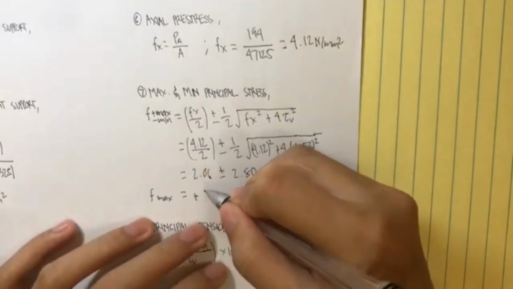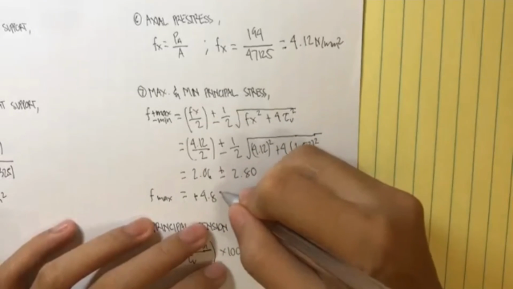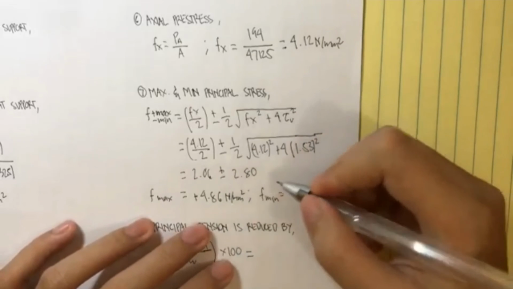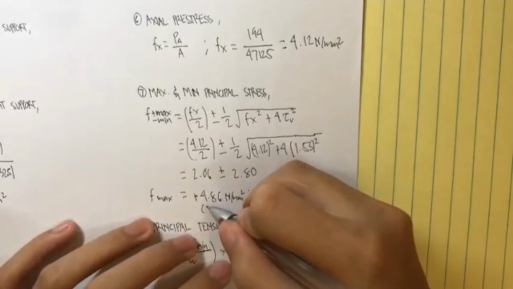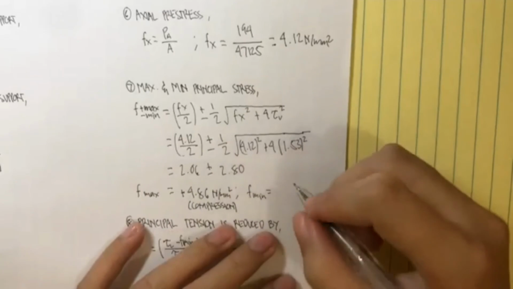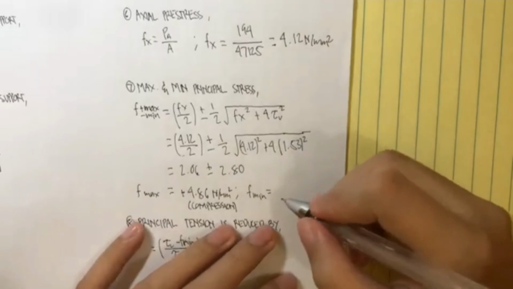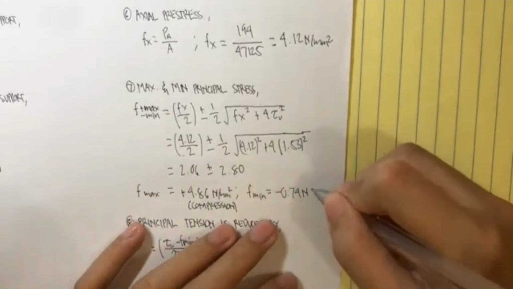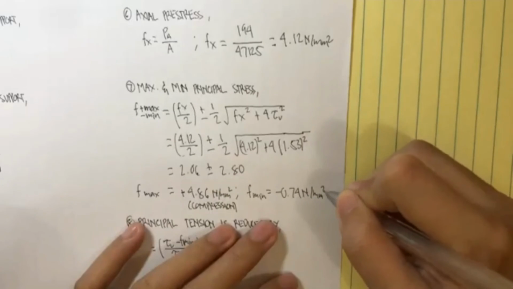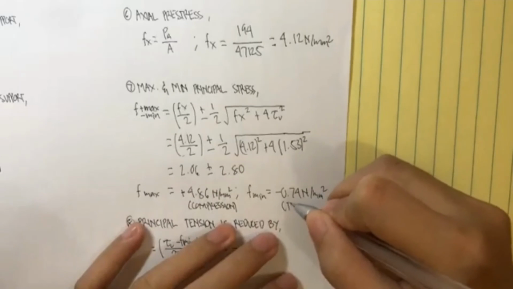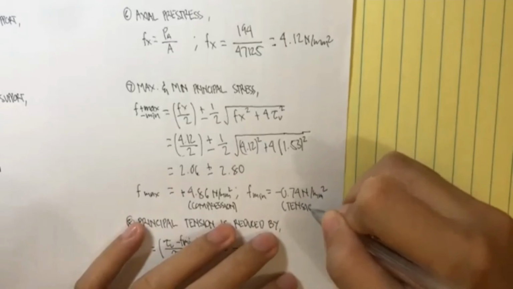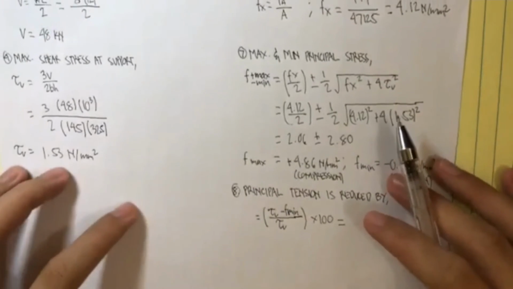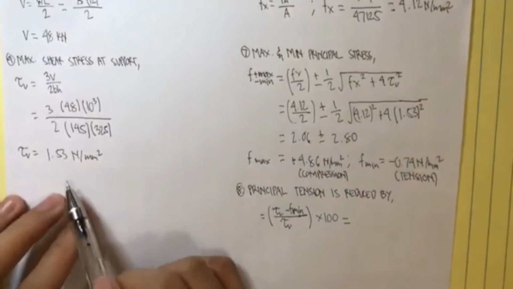Dito meron kang positive 4.86 Newton per millimeter squared compression. Sa minimum, meron kang negative 0.74 Newton per millimeter squared tension.